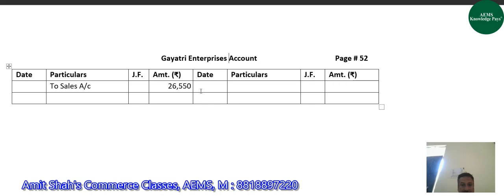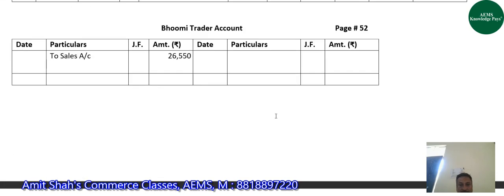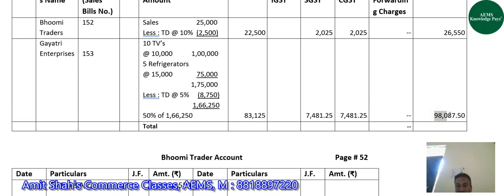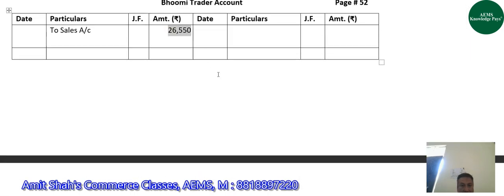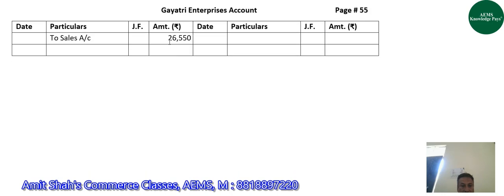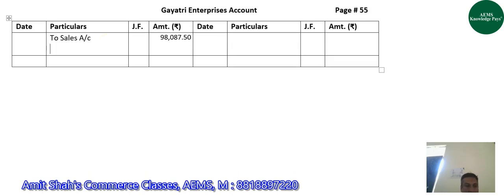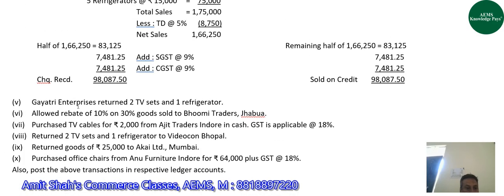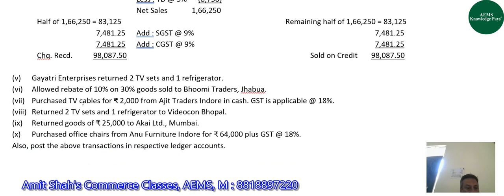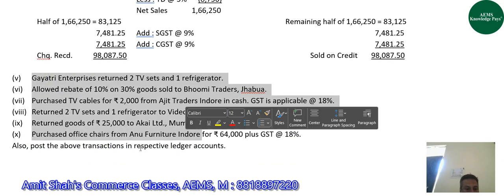So in Gayatri Enterprises account, on the debit side, we will write To Sales account with total amount that is 98,087.5. So this posting is also done, guys. Now let's see if we have more sales transactions. We do not have any other sales transactions, guys.